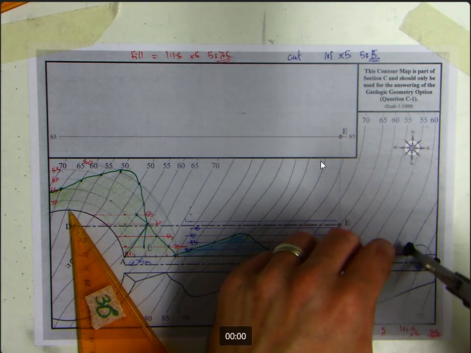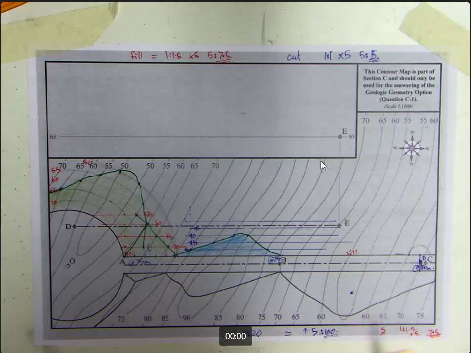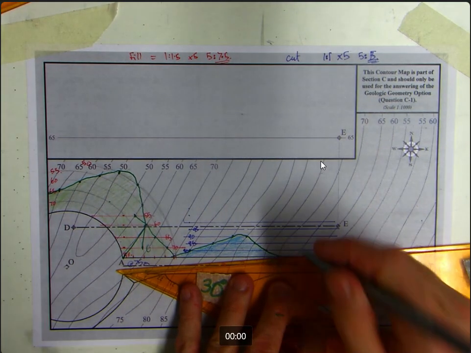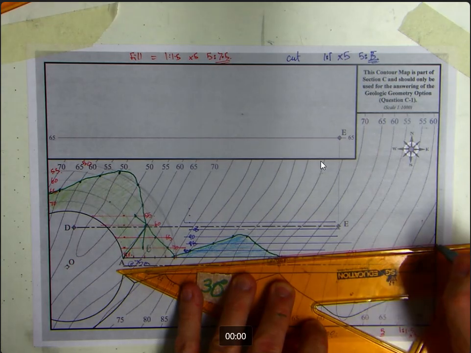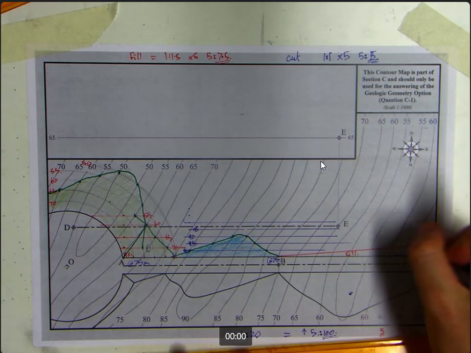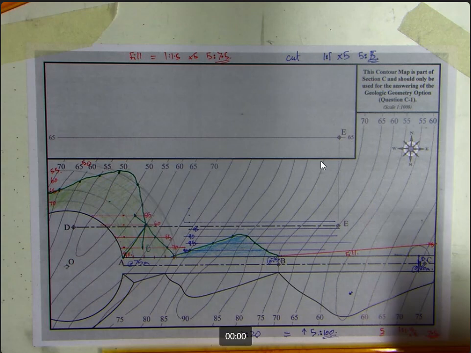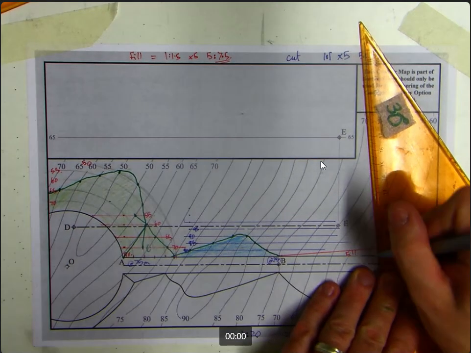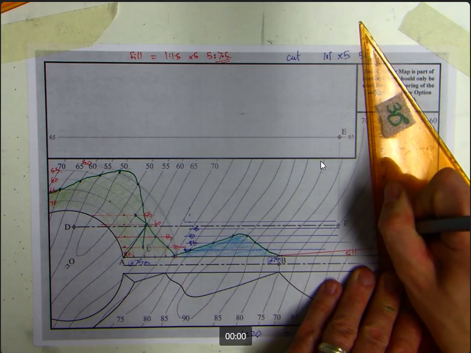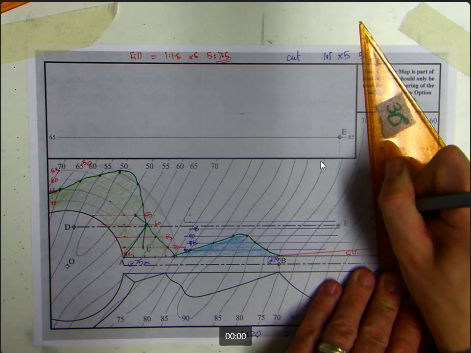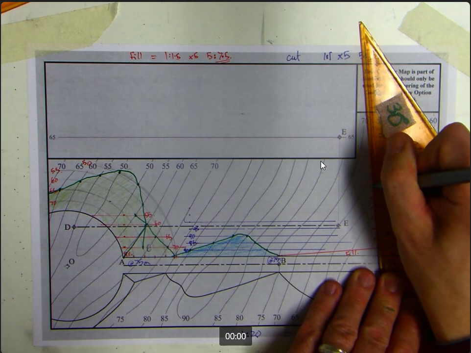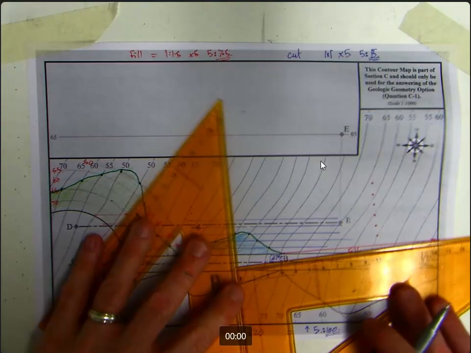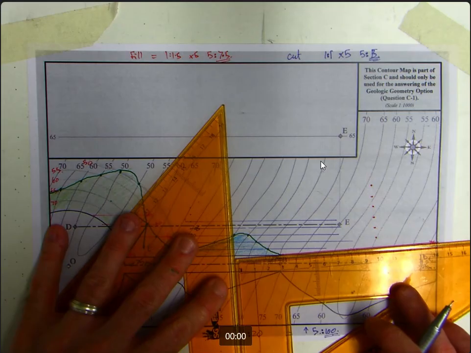So there's my fill cone. And I'm going to bring that back tangentially to my other location on the side of the road, which is B, 75. That red line hits the road at 75, so it's going to be associated with the 75 contour. Now we know from previous activity that our parallel lines should be 7.5 apart. Draw our parallel line to this tangent line.